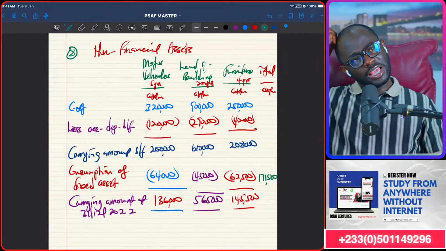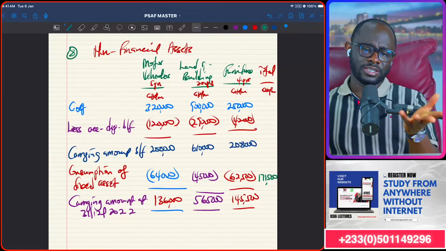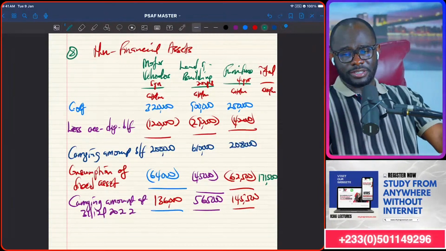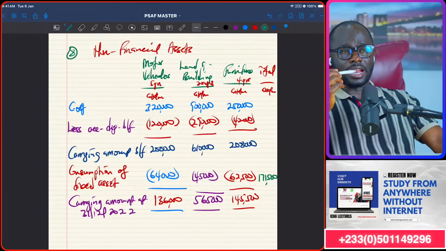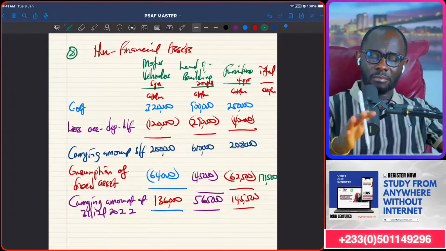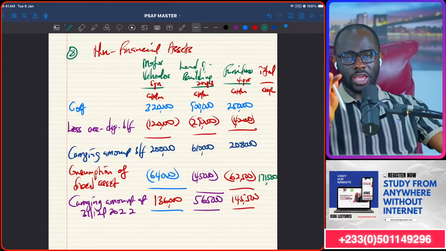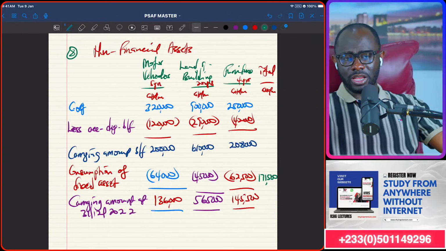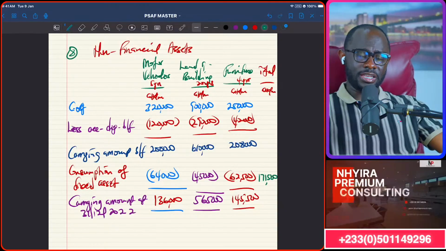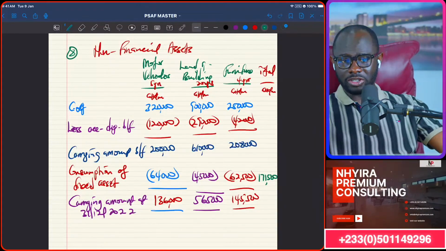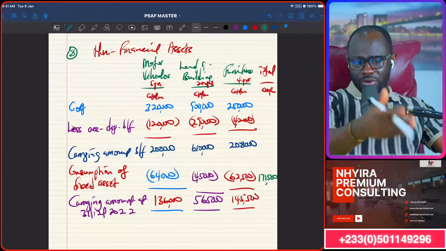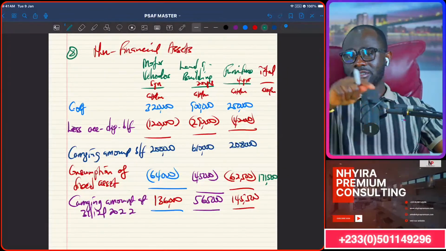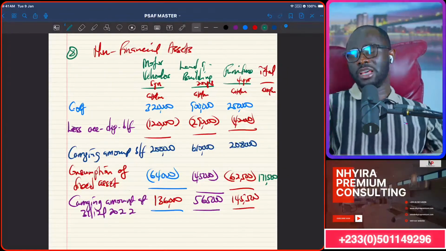Now, really, almost always, this note may not have a lot of nuances, aside the fact that if there is a prior period error issue, and that is under IPSAS 3, accounting policies, changes in accounting estimates and errors, and then you have to redo the adjustments and then do the reversal in the accumulated fund.